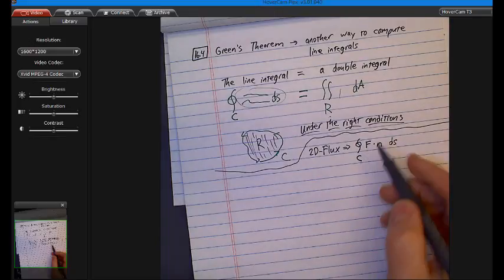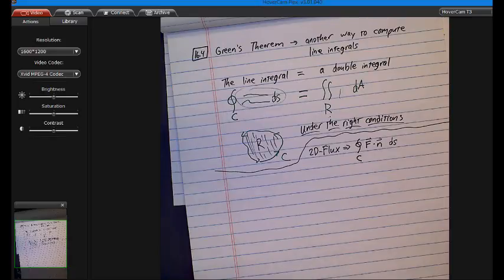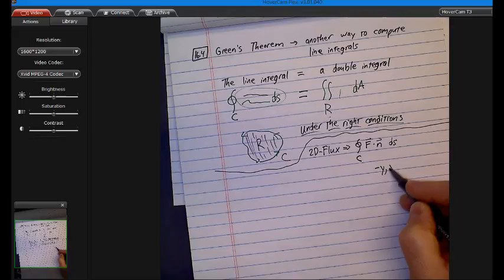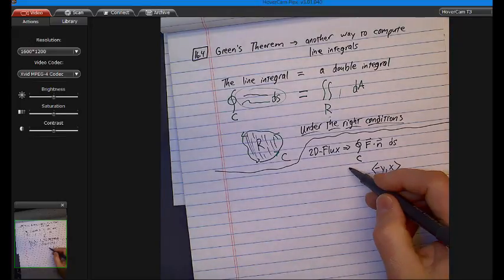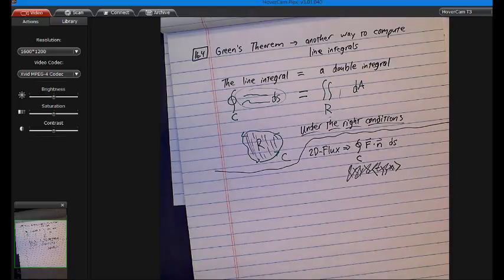Now, F is a vector field, right? n, on the other hand, when I ended up using the parameterization, n ended up being negative y comma x, and then F was whatever it is, x comma y. I think I want to show you, so hang on one second.